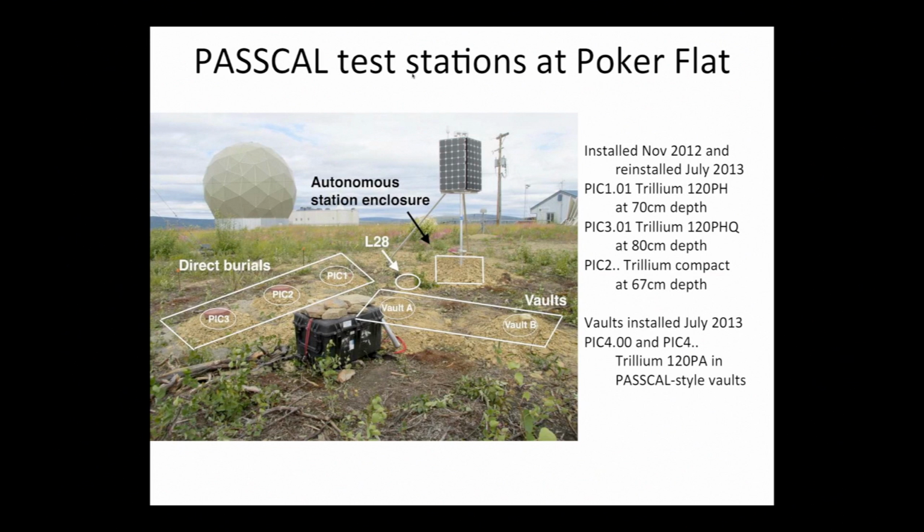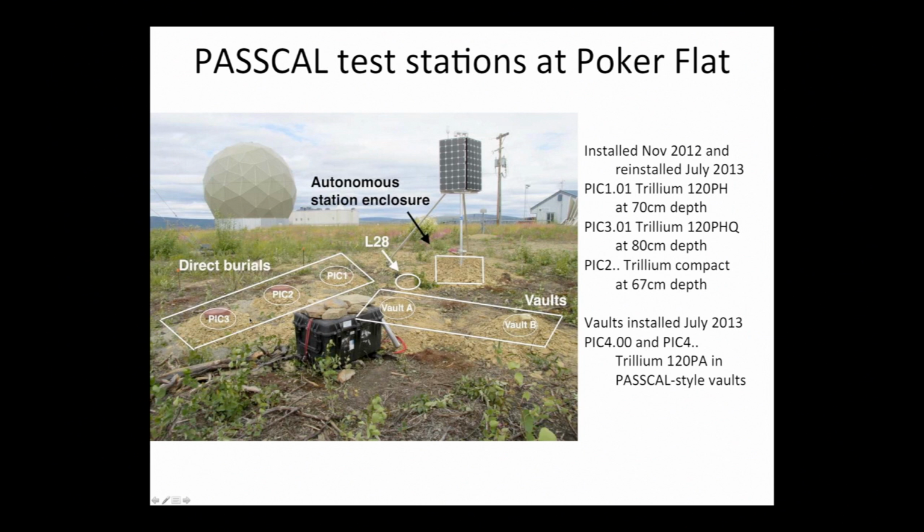So these are related to Pascal emplacement tests at the same site that we had those TA stations in Poker Flat. They put in 2 Trillium post holes and a Trillium Compact in November 2012, and those are the sites that are over here, Pick 1, 2, and 3.